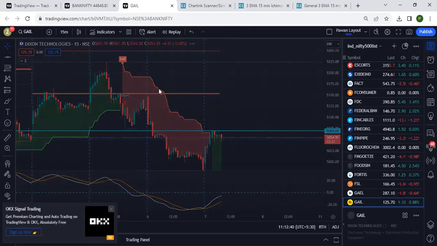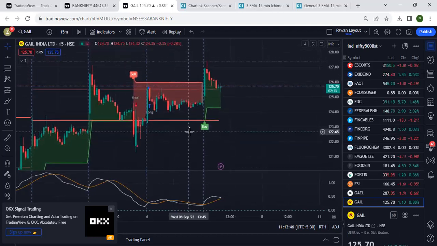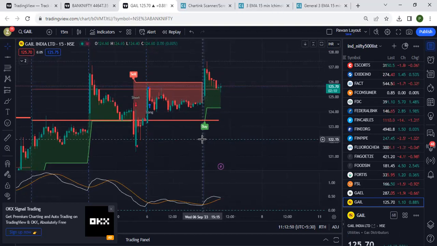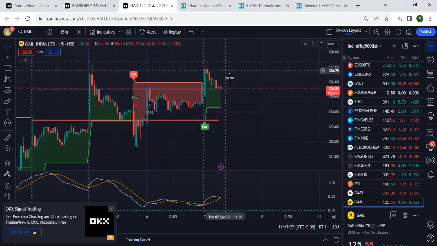Gale India. MACD and SuperTrend both have generated the buy signal today at around 9:15 a.m. But after opening, the stock is, this is a pump and dump situation.